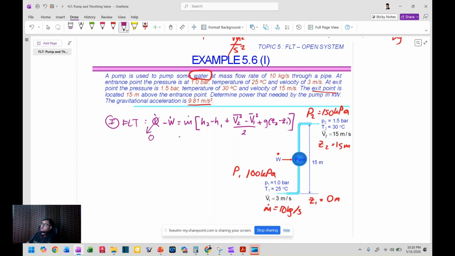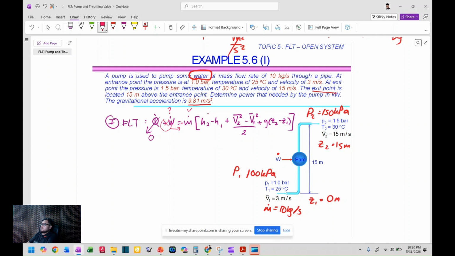And we are asked what is the power of the pump, which is the W dot. So this is in question. This guy can go to the right, so it becomes minus M dot. Okay, so we have canceled this out. M dot is given, H2 can be found, H1 can be found based on the properties given at states 1 and 2, right?